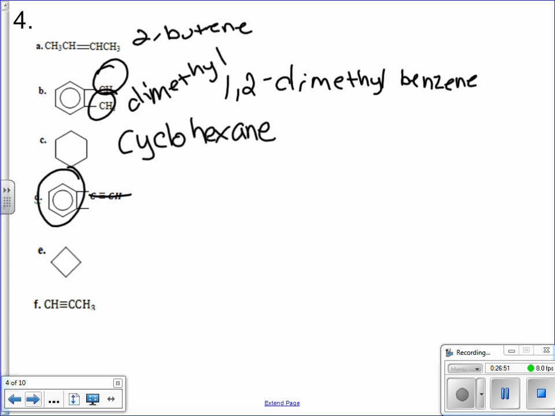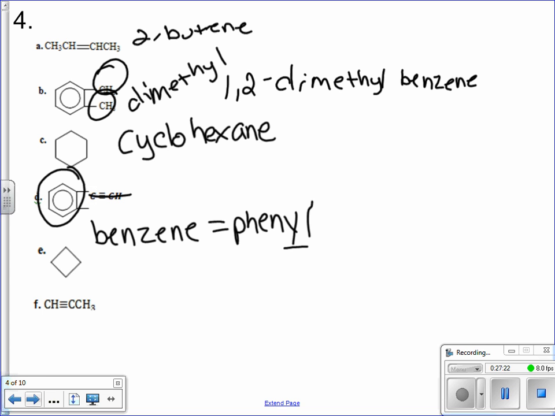Benzene is our branch. When benzene is a branch, it's now called phenyl. And this is how we can tell the difference in a name when we have to draw it out of which one's the branch and which one's part of the main chain. So if benzene's a branch, it's called phenyl, and we can remember that because it ends in YL. All right, so phenyl is our branch.